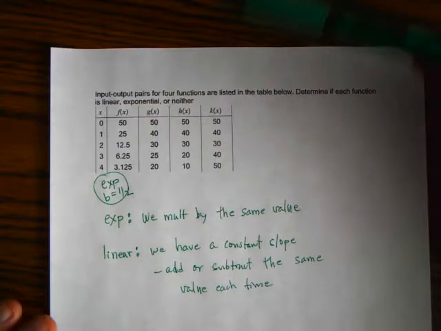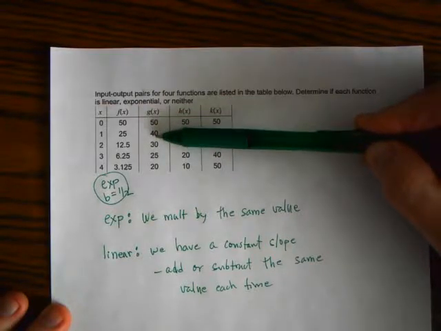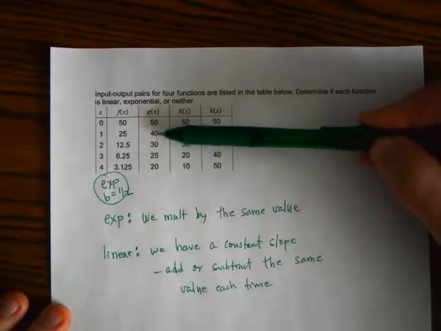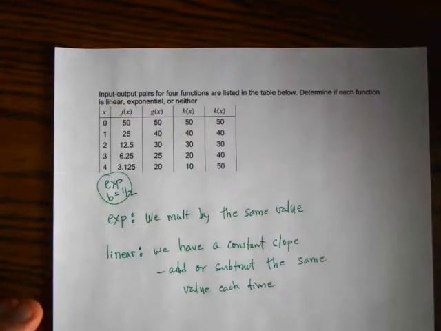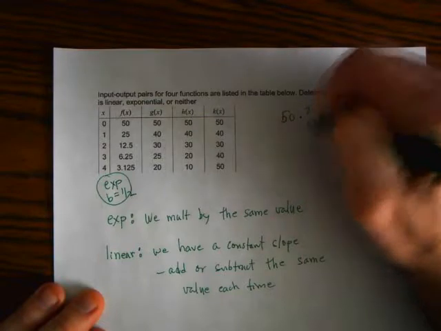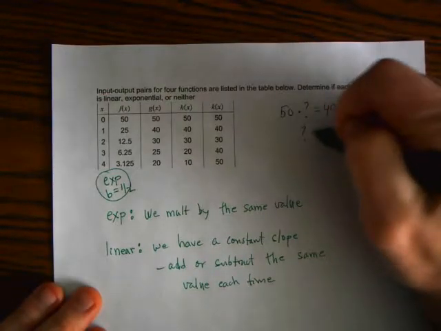Is it exponential? Well, I don't think so. 50 divided by something to give me 40. If I take 40 and divide it by that same number, I'm not going to get 30. In fact, 50 times what would give you 40? Well, the question mark would have to be 4/5, right?